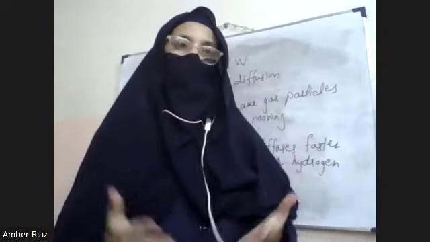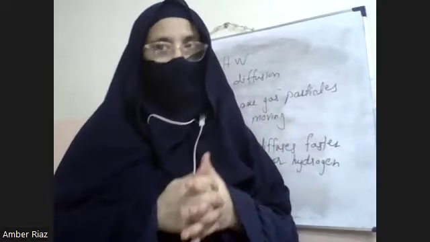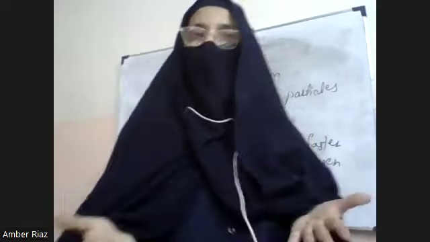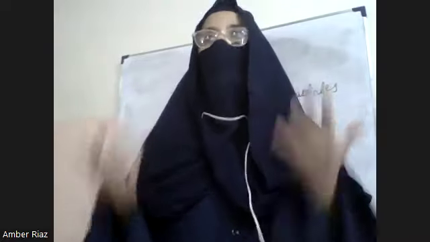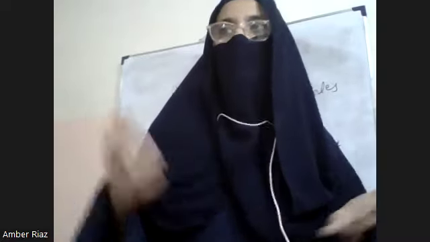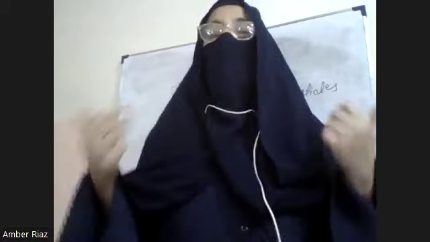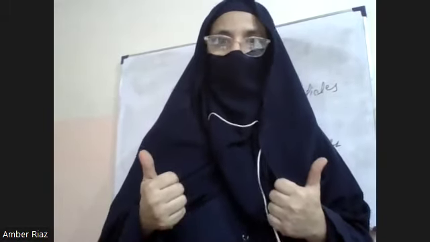let's wrap up our lesson. What is diffusion? Diffusion is the movement of the particles from the region of high concentration towards the region of low concentration. Why does this happen? Because the particles of the gas continuously move and collide, because they have kinetic energy inside them.